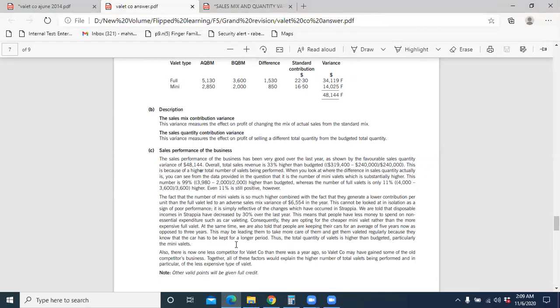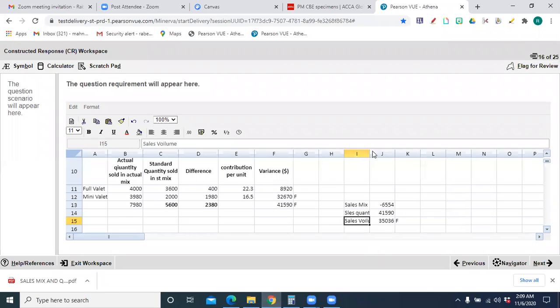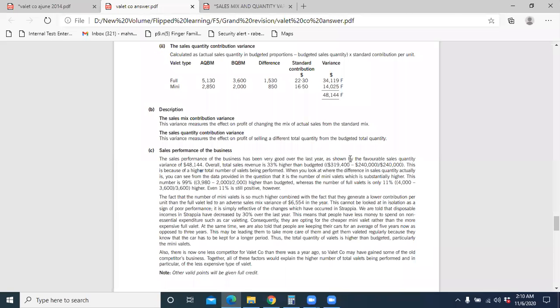Like I'm a different person, I could think differently, but overall if your point is logical, this could give you equal credit, equal marks. I should have started with the sales volume variance. The examiner didn't start from there, directly started from the quantity variance, but that gives me more idea that even by netting off the sales mix and sales quantity variance, I get a favorable sales volume variance.